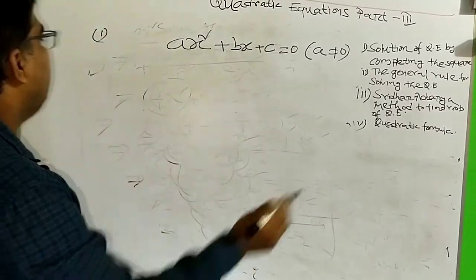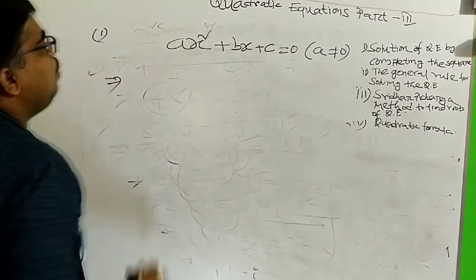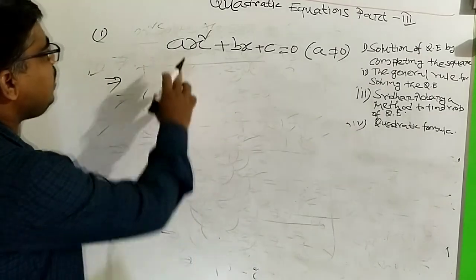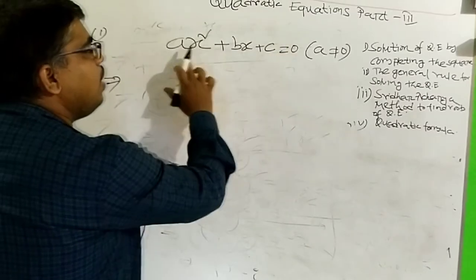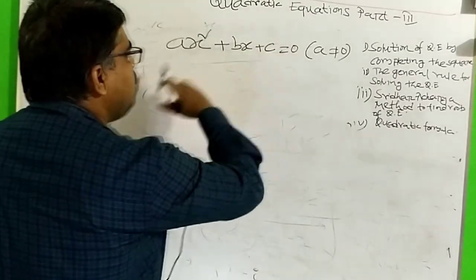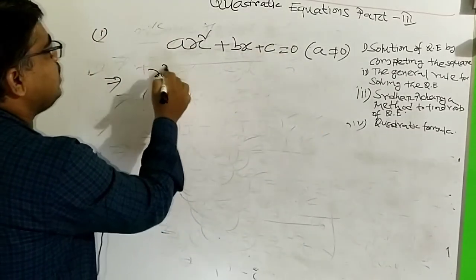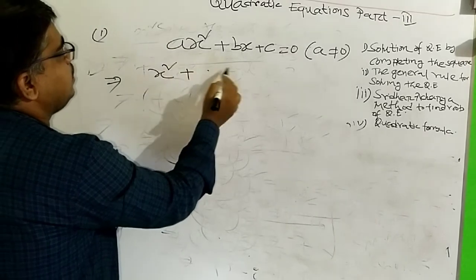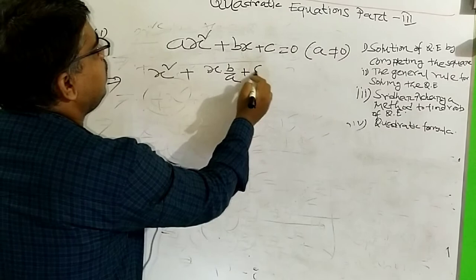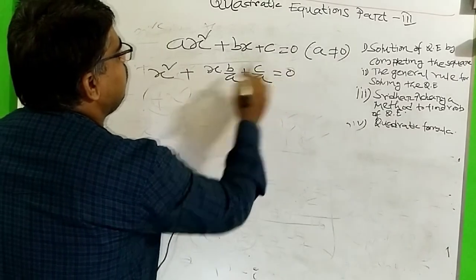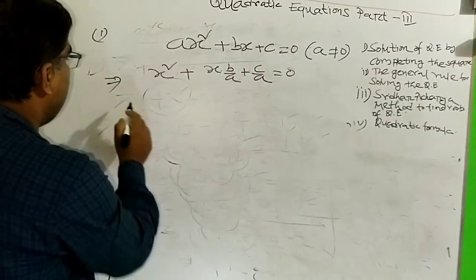Okay. Now we divide both sides by a. Since a is not equal to 0, we can easily divide by a on both sides. We get x square plus x into b by a plus c by a is equal to 0.